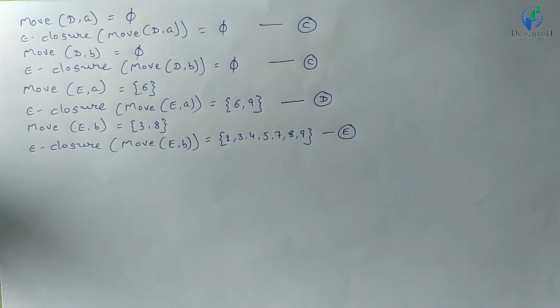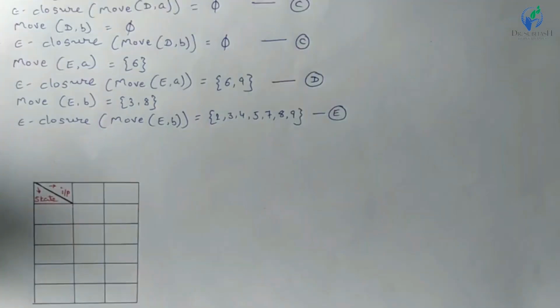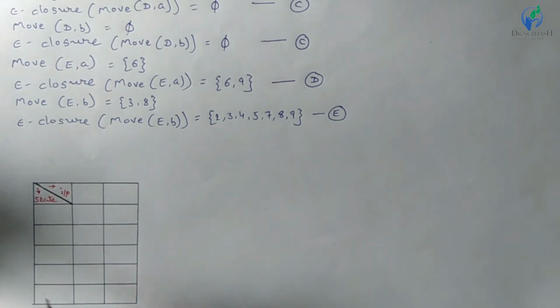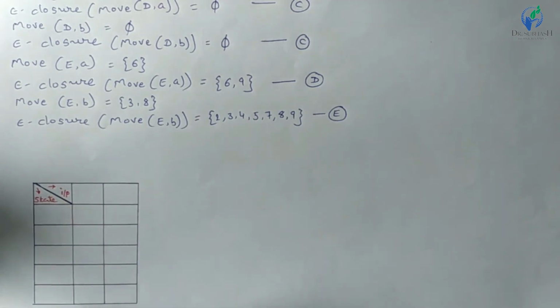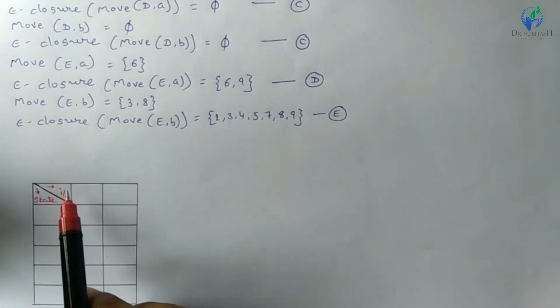So now there are no other states, so we can draw the state transition table. For the state transition table, vertically you write the input symbols and horizontally you write the total number of states which you derived.